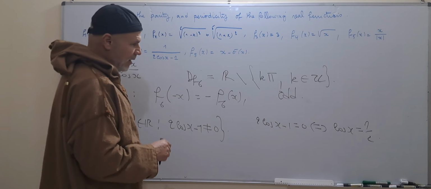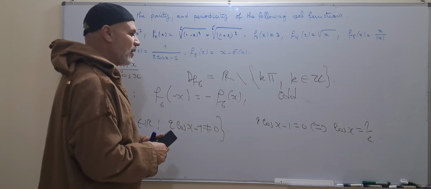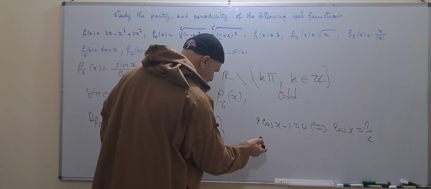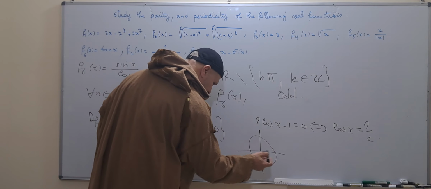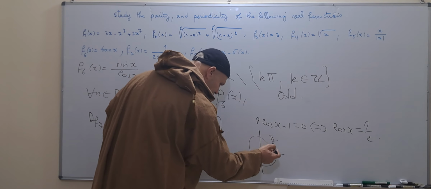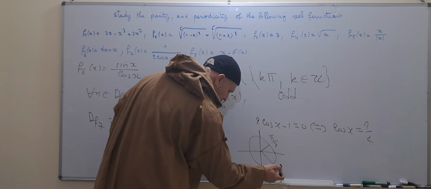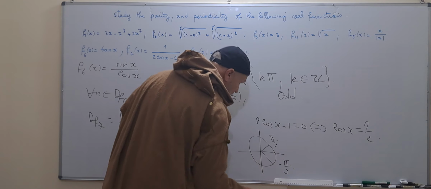And the angles that make cosine x equal to 1/2 are pi divided by 3 and minus pi divided by 3.